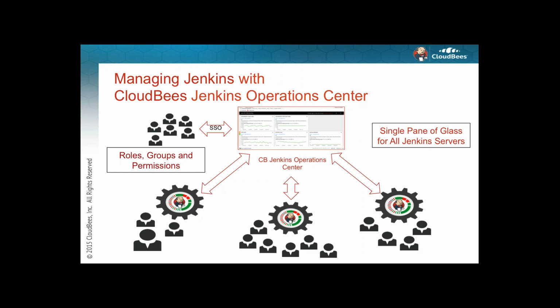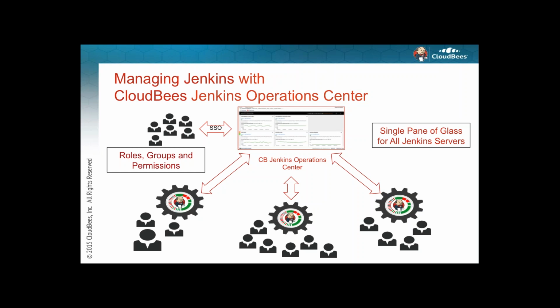So one such offering, or solution rather, that we present as part of our platform is something called CloudBees Jenkins Operations Center. And this is just a management tool for an organization's entire Jenkins installation. So what that means is basically that any Jenkins masters in an organization can be centrally managed by whoever is the Jenkins administrator.